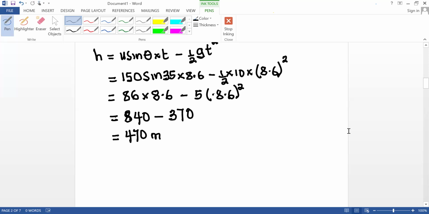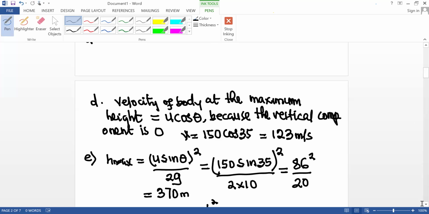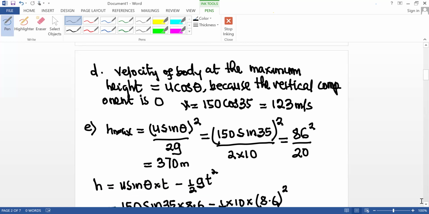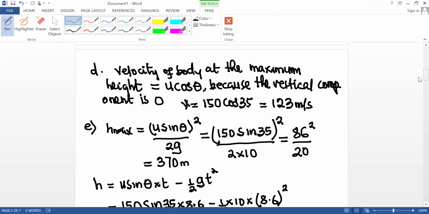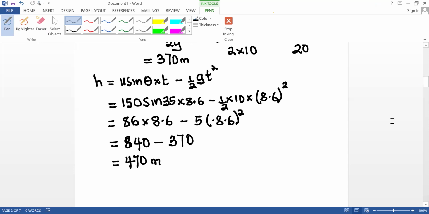470. Is that the same thing we had when we used, let's see, what did we get? We had 370. We must get the same thing. So let's probe to see where we are, only substituting the time taken to reach the maximum height in place of t.